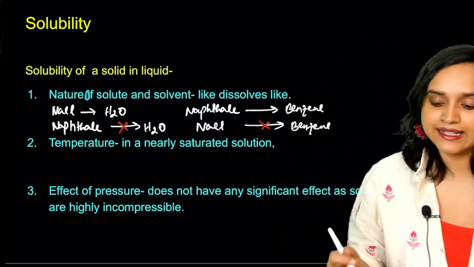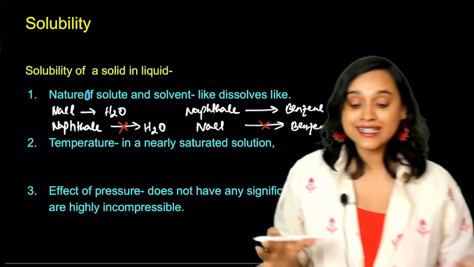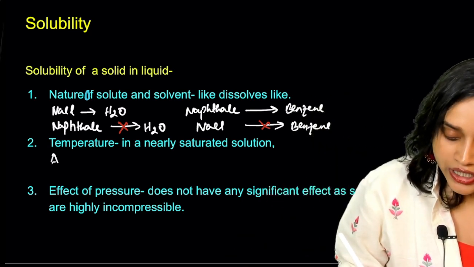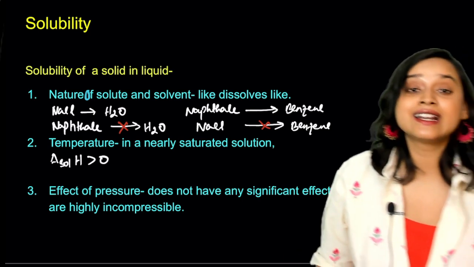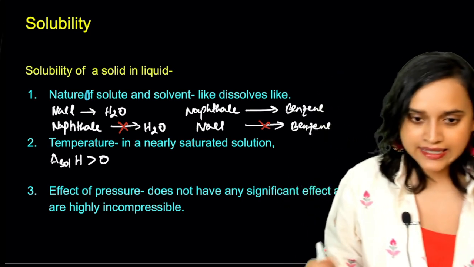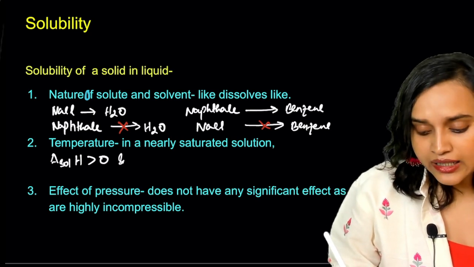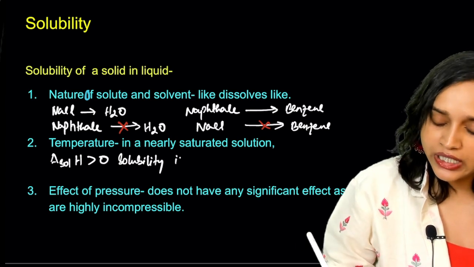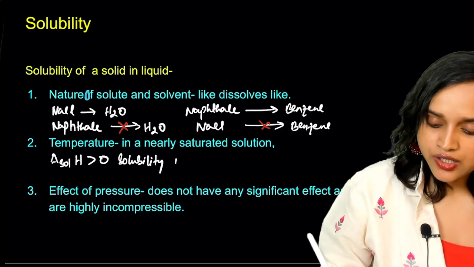All right. Now let's talk about temperature. Let's say that you have a nearly saturated solution. In that nearly saturated solution, if you have delta solution H which is greater than 0, then what will happen? Solubility increases. That means that this is an endothermic reaction. Let me write it in a shorter way.